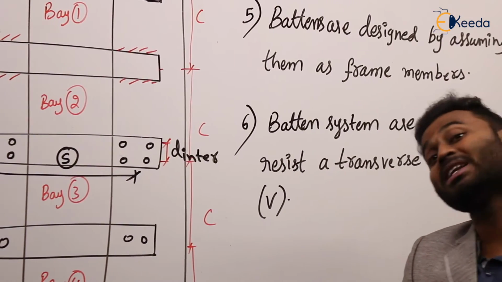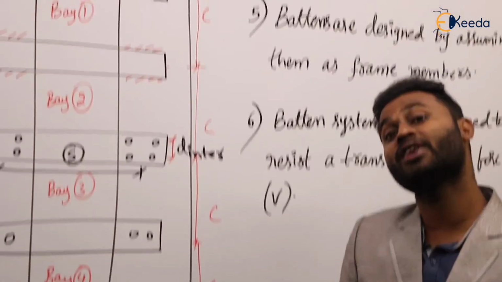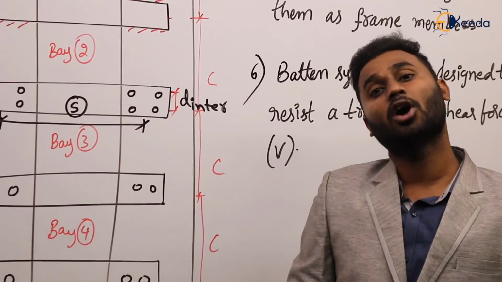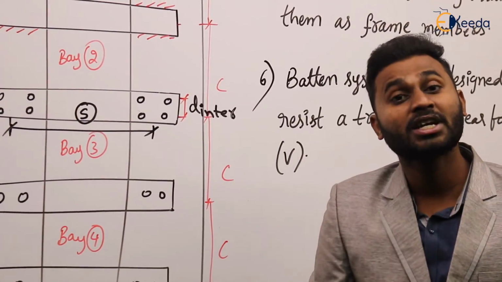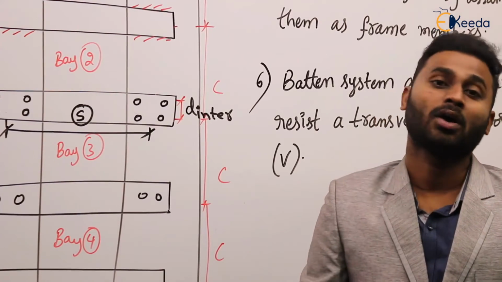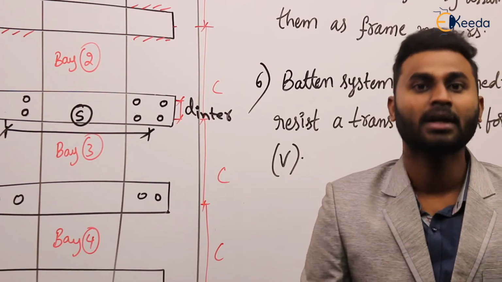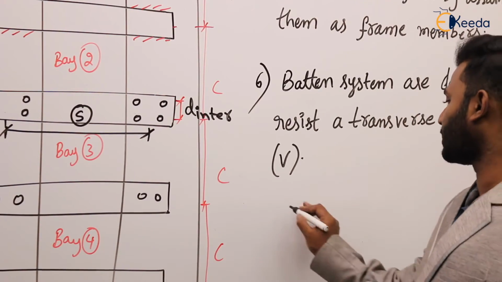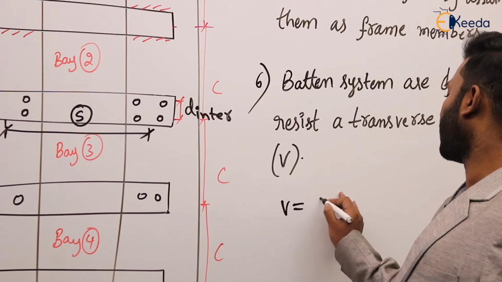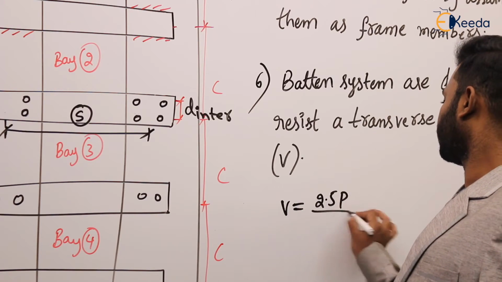Any guess? Tell me, in the lacing system, how much transverse shear force did we design for? For the total lacing system, what is V equal to? There V is 2.5% of the axial column load. Agree or not? Here also it is the same. So V here is 2.5%, the same value.